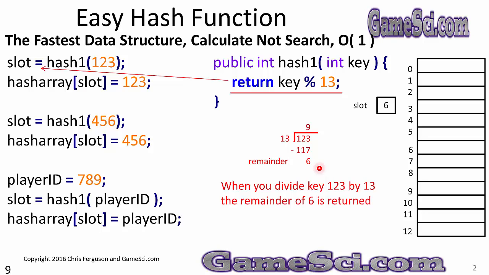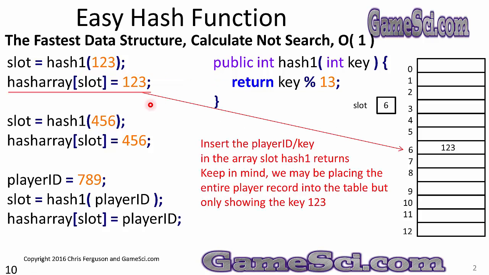The slot number we're going to return is 6. Well, that's exactly where we want to store the key 123. Insert the player ID or key in the slot hash 1 returns. Keep in mind, we may be placing the entire player record into the table, but we're only showing you the key 123.